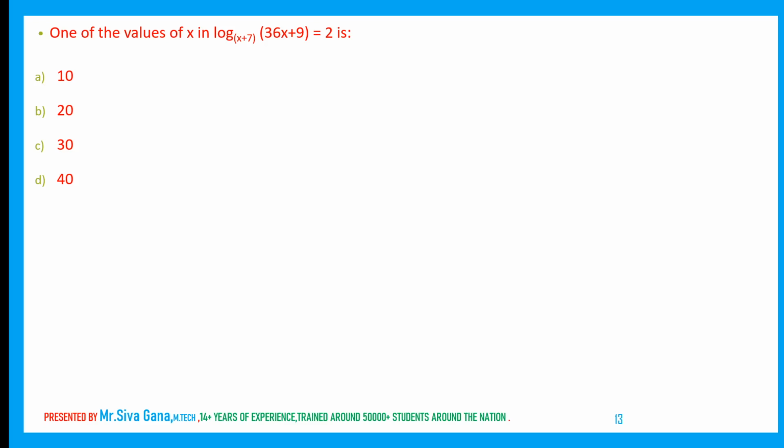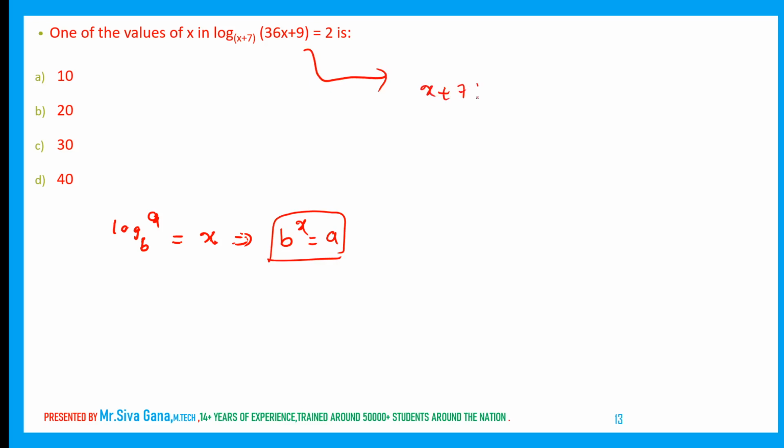We have one property: if log a to the base b is equal to x, then we can write b power x is equal to a. In a similar manner, I am writing this as (x plus 7) whole square is equal to 36x plus 9.